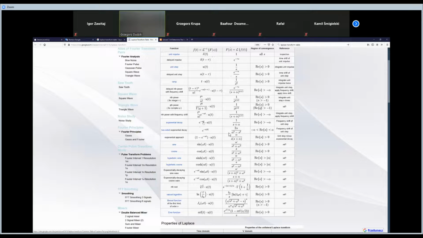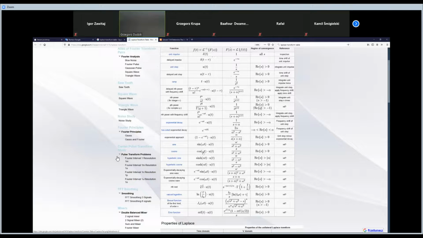E to the minus alpha t is 1 over s plus alpha. So as you see, we can use it anytime. What else? We've got the cosine omega t times the unity function, of course. It is s over s squared plus omega squared. In our case, omega is a.